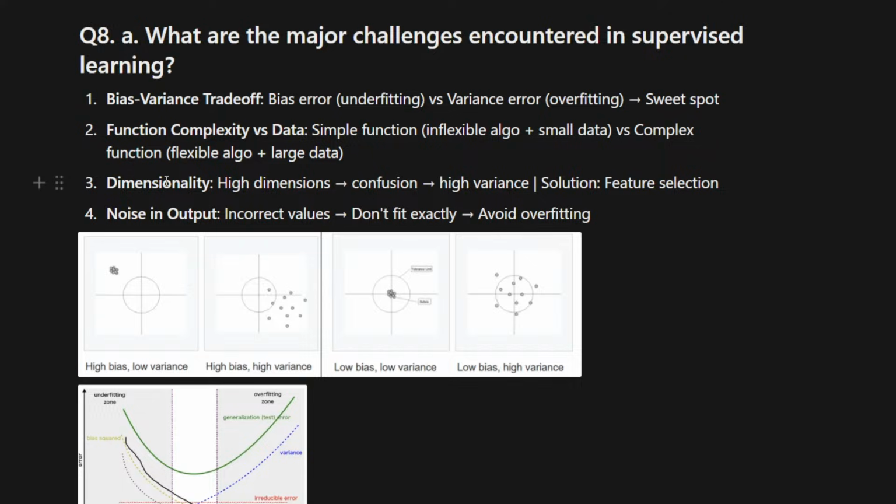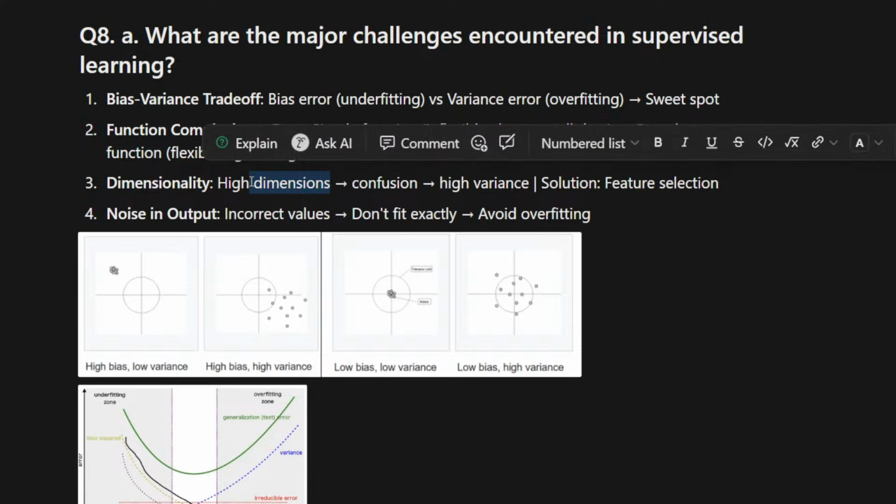The next point is dimensionality. High dimensions lead to more confusion and high variance. As I already said, this can be eliminated using feature selection. What is high dimension? High dimension basically means having many features.